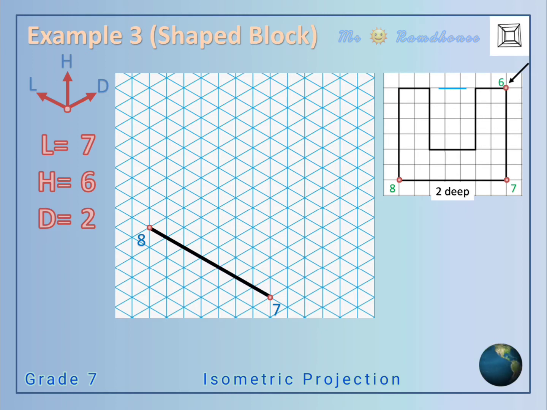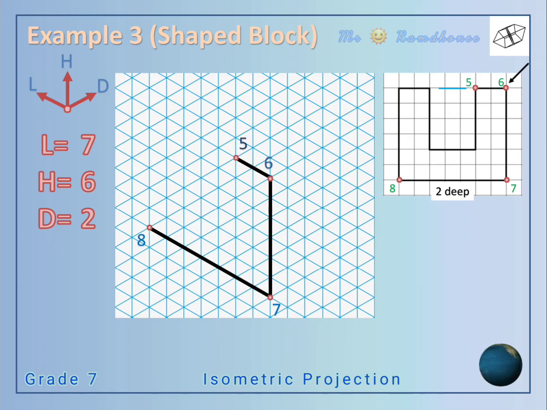Next we have point 6. Point 6 is above point 7. This is point 6 and it is above, and it is 6 squares. So we have to count 6 squares from point 7, and then we'll obtain the line here. And then we're going to move to point 5. Point 5 moves to the left because it is in the length, and we have to move 2 triangles to obtain point 5.